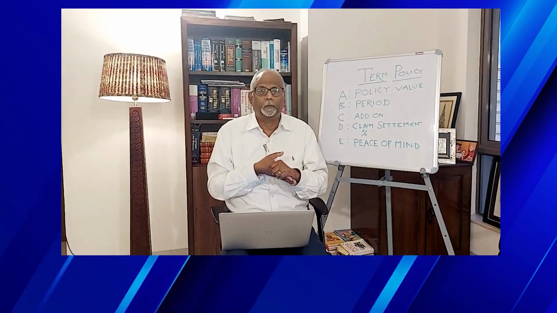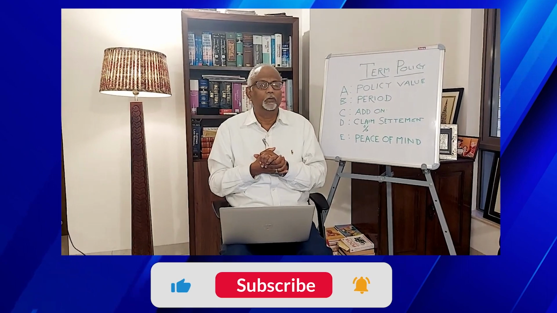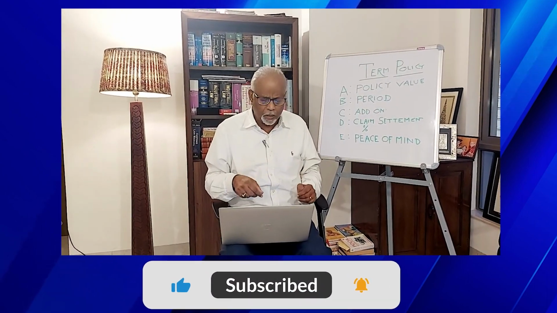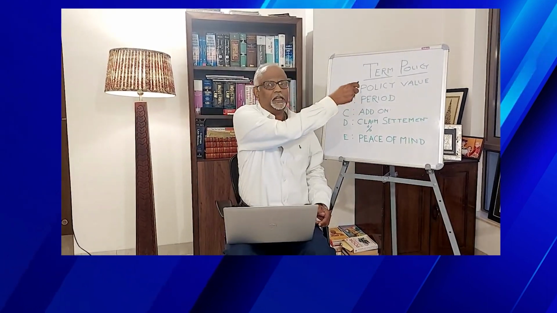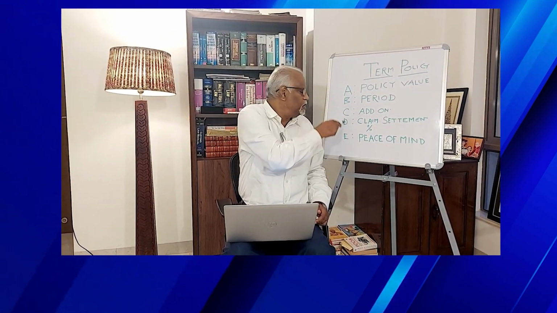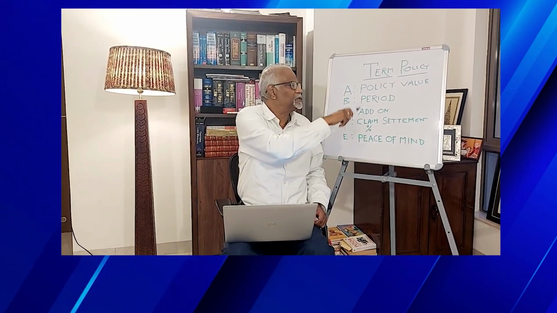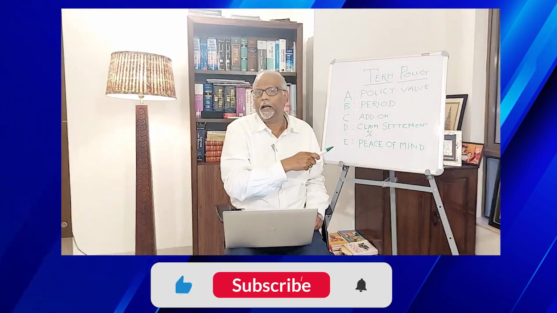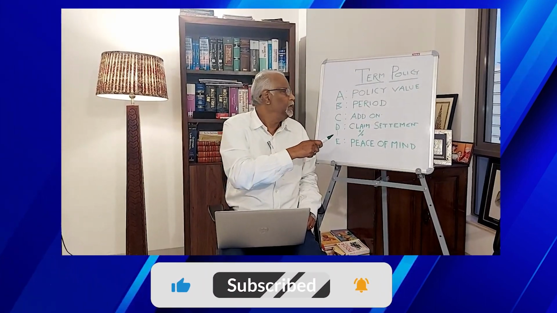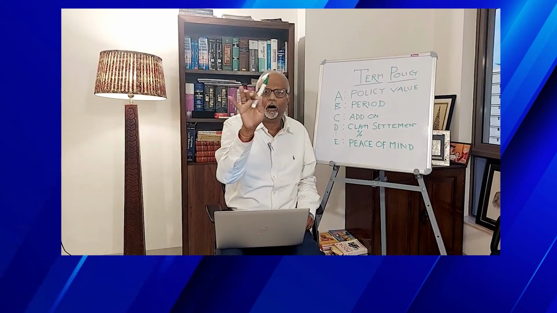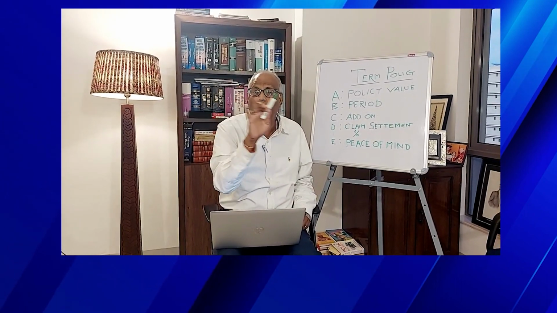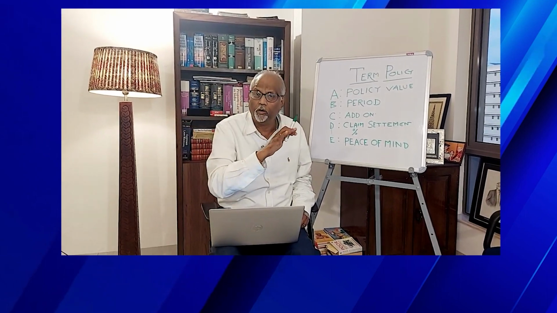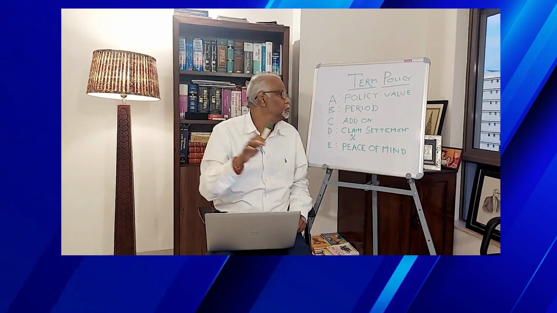But finally, I would like to tell you that whenever you go for a term insurance policy, you should consider these 5 factors. Value is very, very important, which is neglected in our country. It is taken just on an ad hoc or arbitrary basis without considering your commitment, without considering your existing loans.